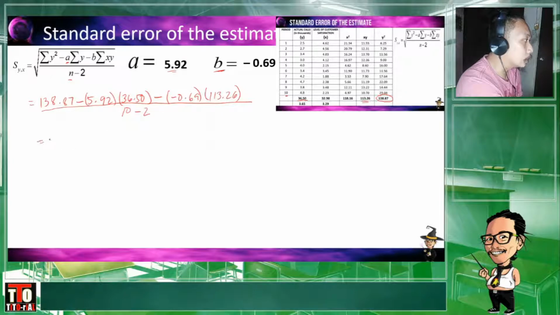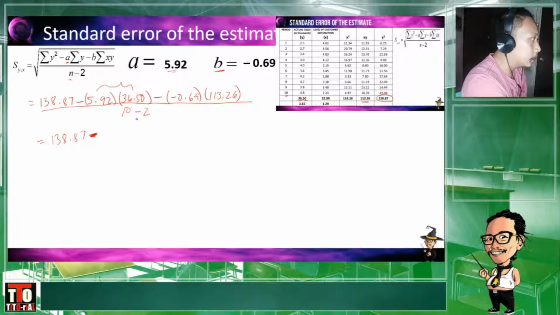So, isa-isahin uli natin to guys, ha? So, copying ko muna itong 138.87. Yan. Since separated siya by the negative or the minus sign. Okay? So, una nating isolve is ito. 5.92 times 36.50. So, again, 5.92 times 36.50, we will have a value of 216.08.